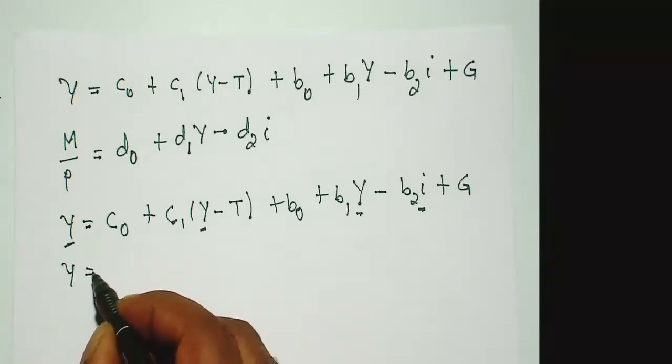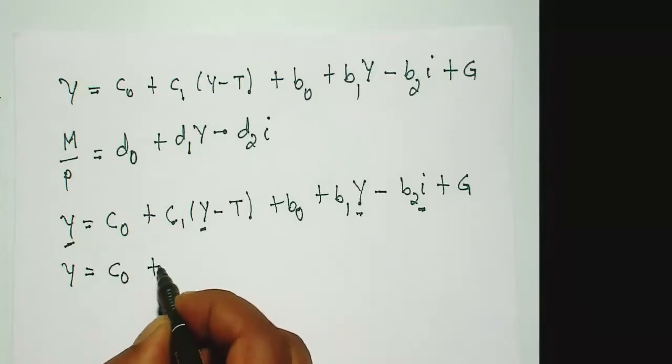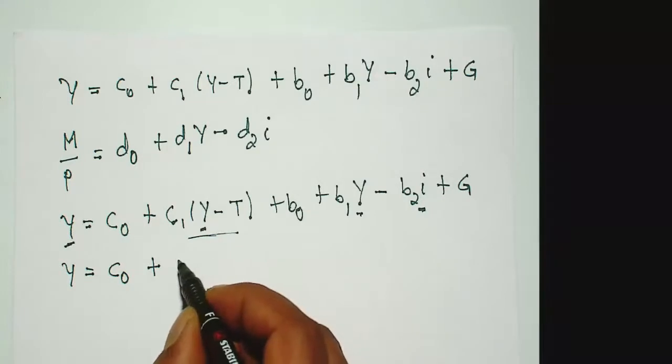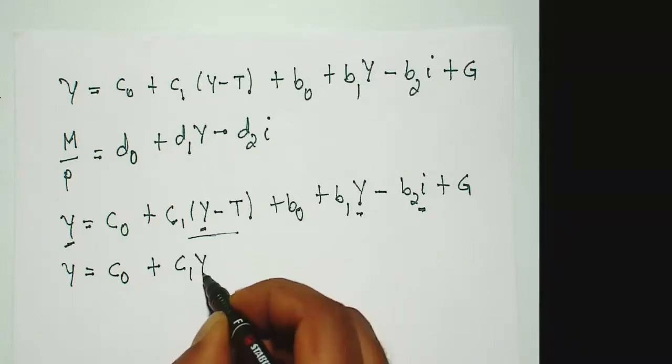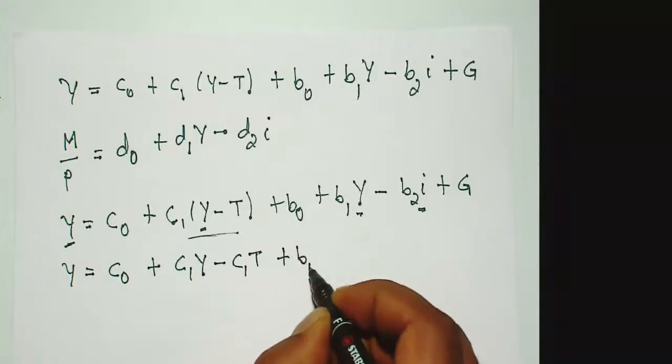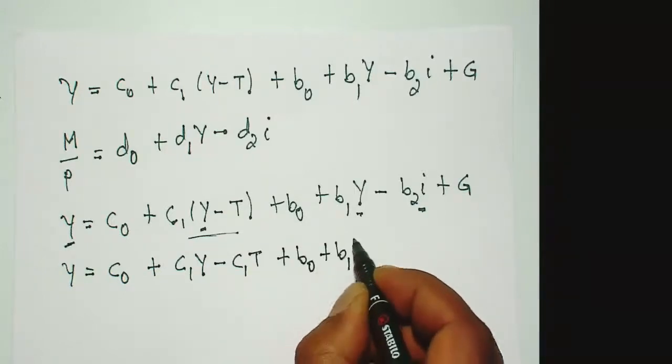To do so, we would first get rid of the bracket in the second part of the equation by multiplying C1 with Y and C1 with T, and the rest of the items would remain the same.